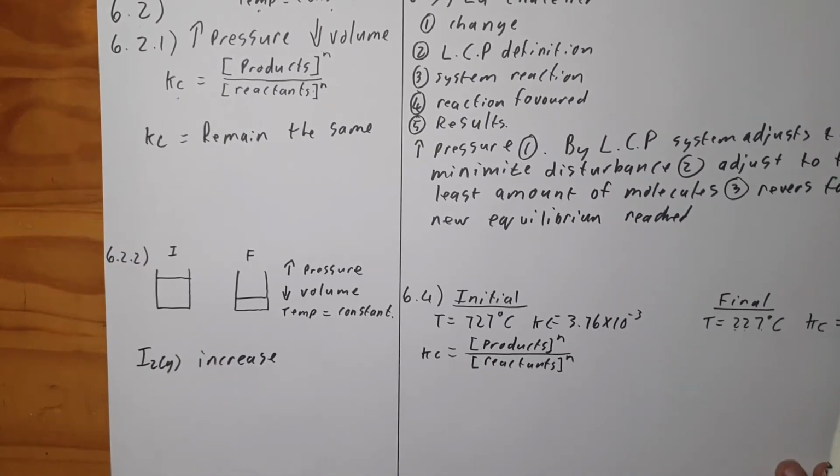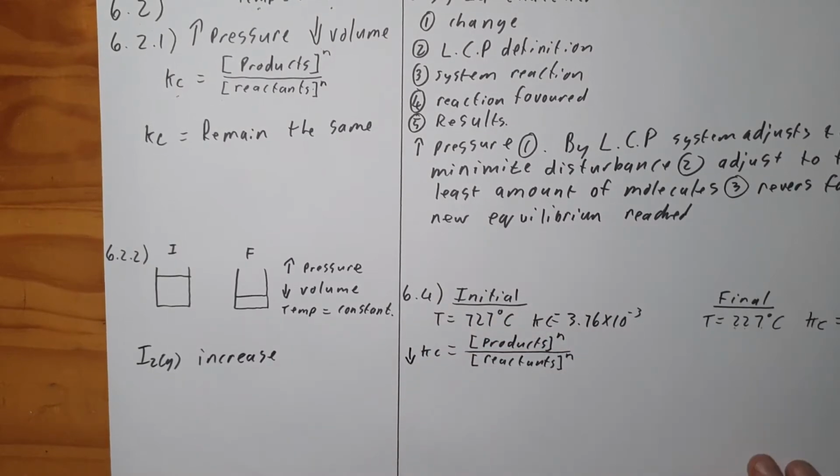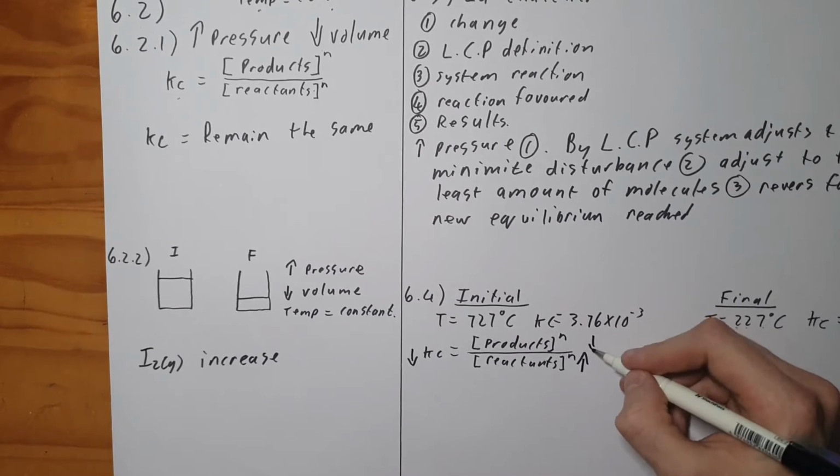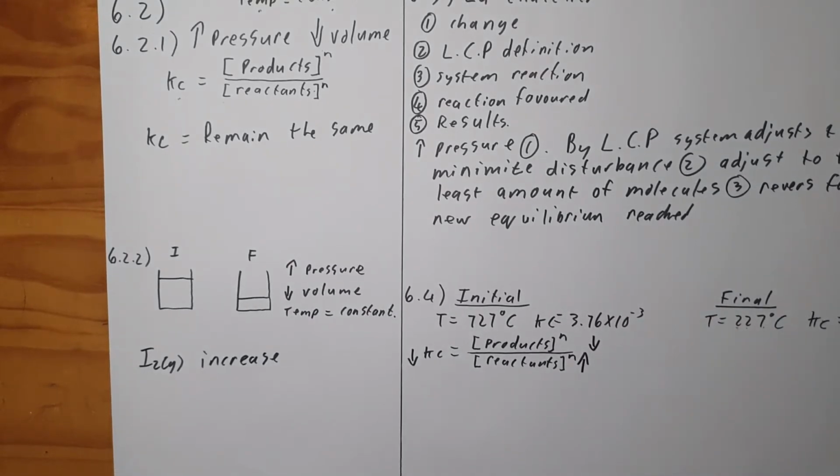We can see that my Kc value has decreased, and if that happens, my reactants must increase and my products must decrease. That's just the rules of fractions.